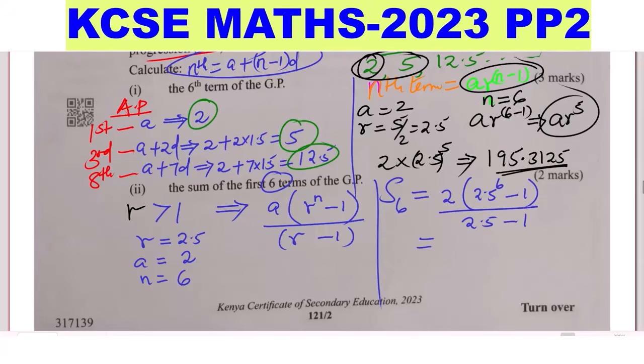So let us work out the numerator. 2 multiplied by 2.5 raised to power 6 minus 1, that will give 486.28125. That is the numerator. Then the denominator, 2.5 minus 1 is 1.5. And when you divide these, you will get 324.1875. So that is the sum of the first 6 terms of the GP.